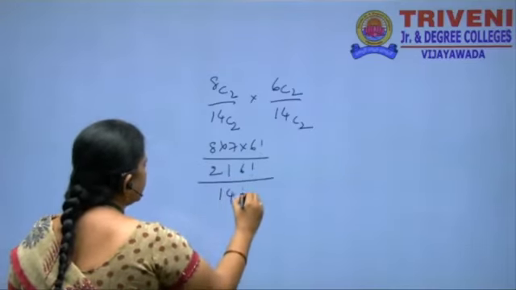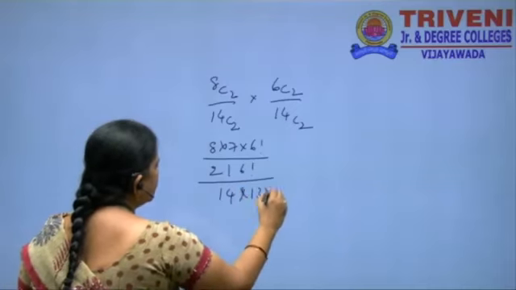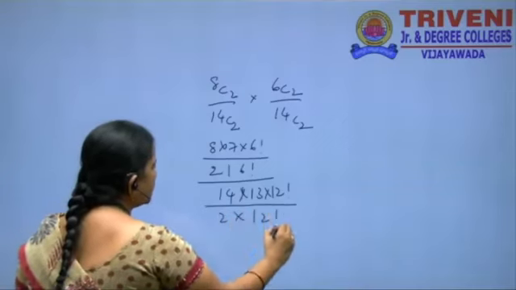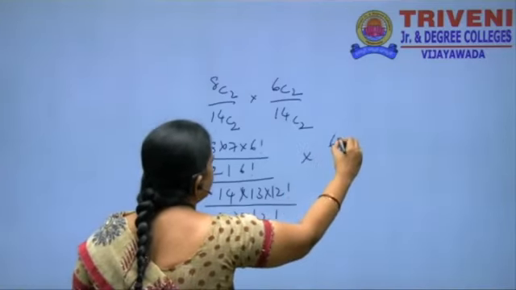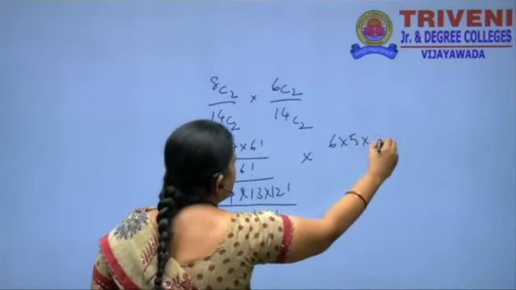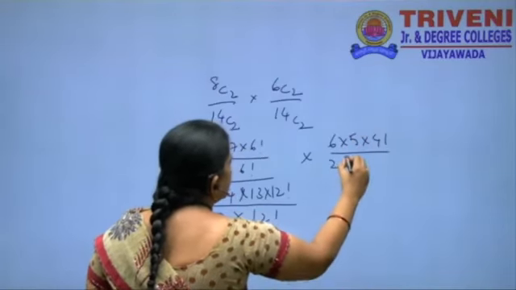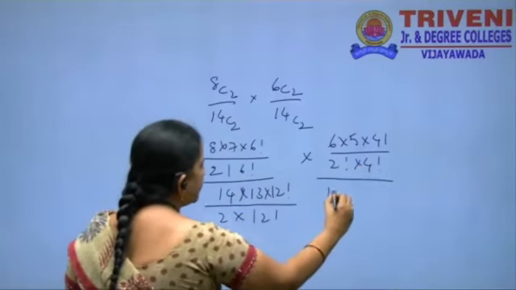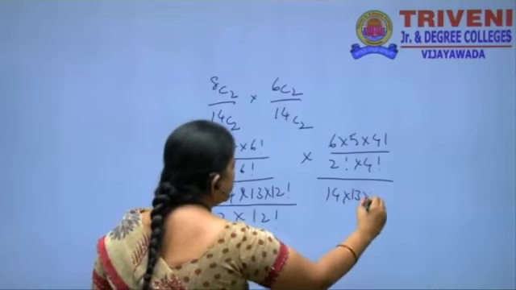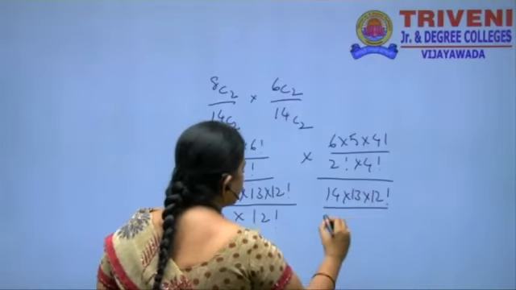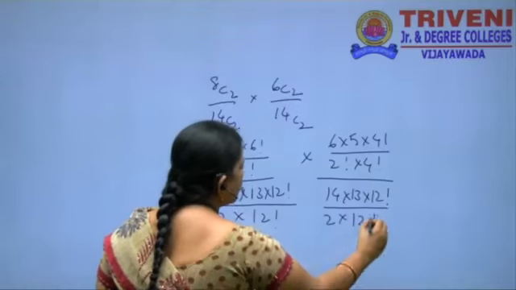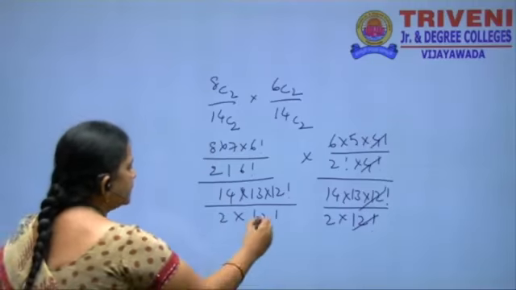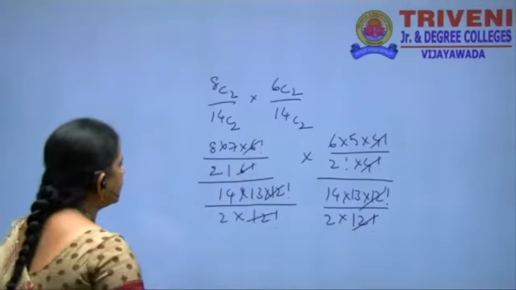Here also the same, 14 into 13 into 12 factorial by 2 into 12 factorial into 6C2, 6 into 5 into 4 factorial by 2 factorial into 4 factorial by, here also 14 into 13 into 12 factorial by 2 into 12 factorial. The 12 factorial and 4 factorial get cancelled here. Here also the same cancellation we have to get.